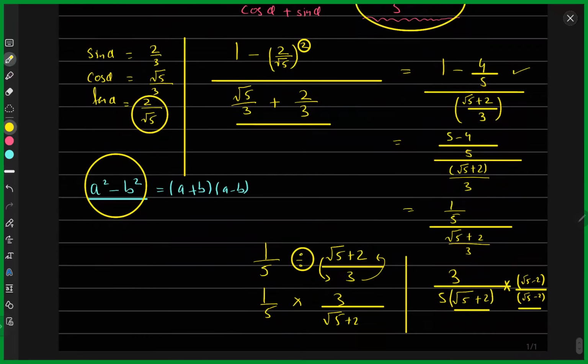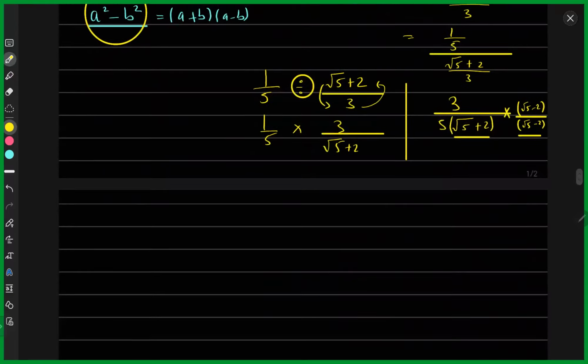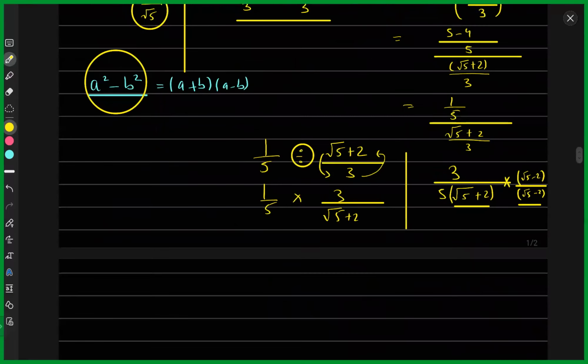Yes, do you guys remember this now? Yes, miss. Okay, so in the numerator, it would become 3 multiplied by root 5, 3 root 5 minus 3 into 2 would become 6, divided by 5 into (root 5 squared minus 2 squared).